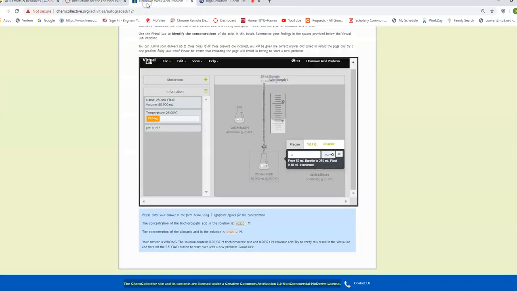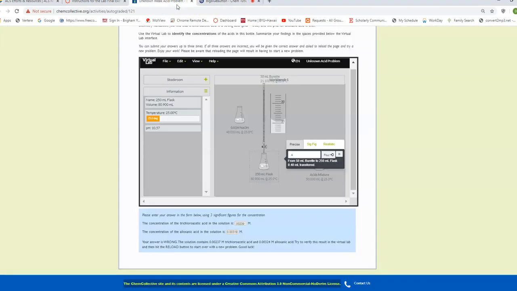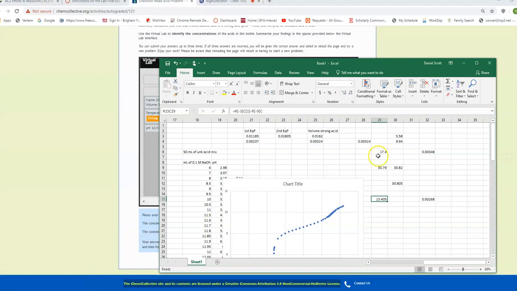This time, we'll try to plot out the curve as we get close. We know the values that we're going to be close to, right? Yeah. Which are 17.4 mils and 30.79 mils. Yes.